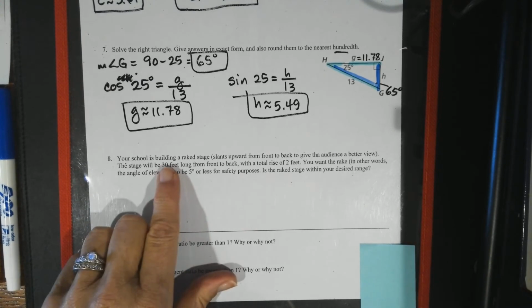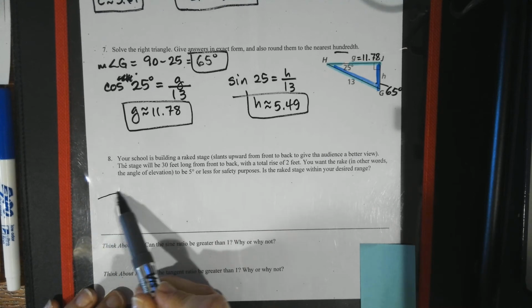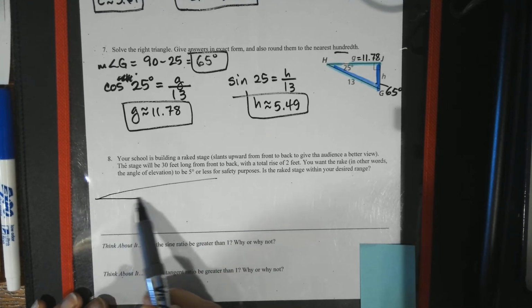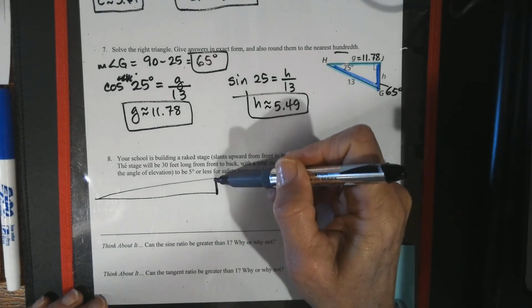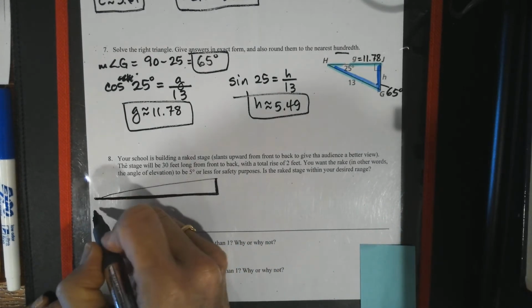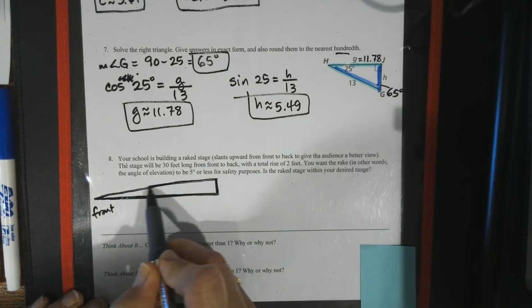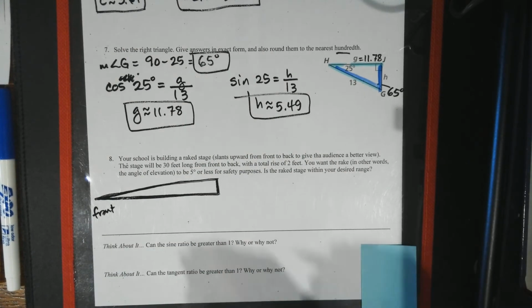Your school is building a raked stage, and what that means is it looks like this. If any of you are in drama, here's the front of the stage over here, and it's just a little bit of an angle, but this is a right angle, okay?